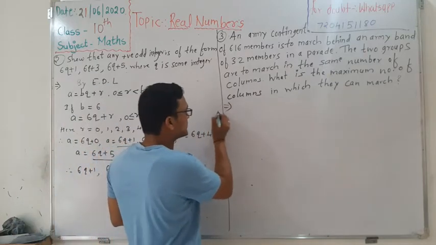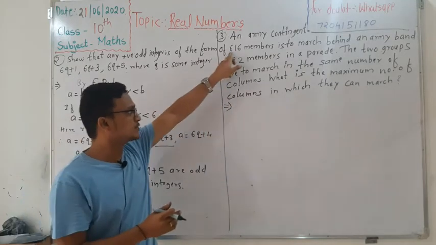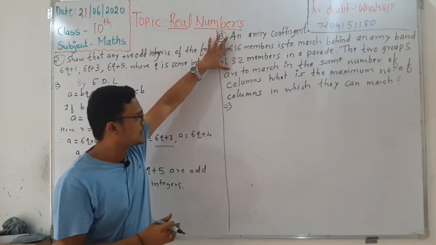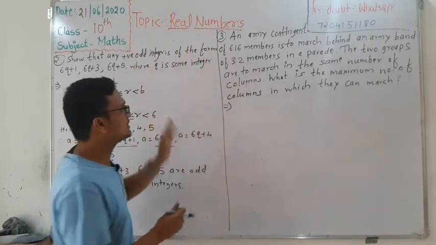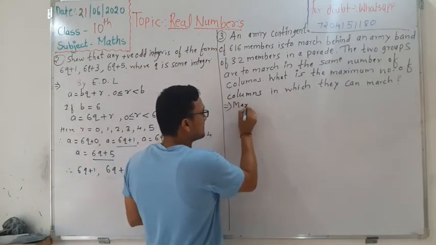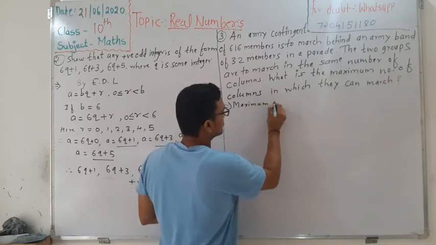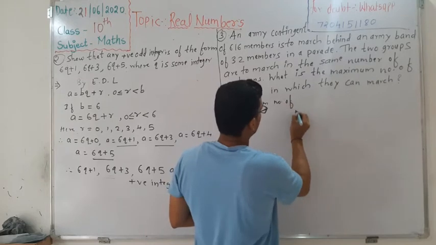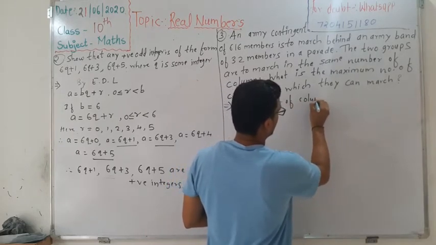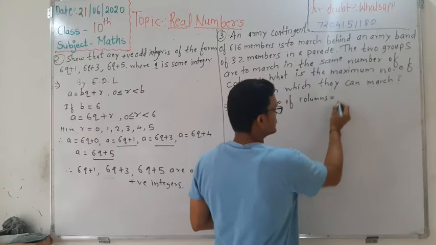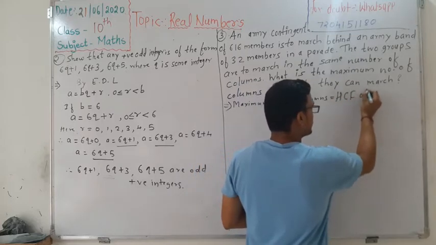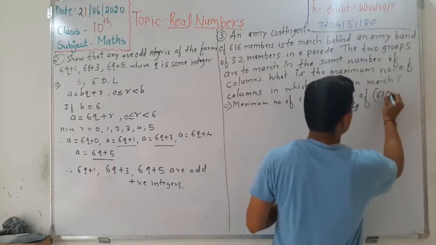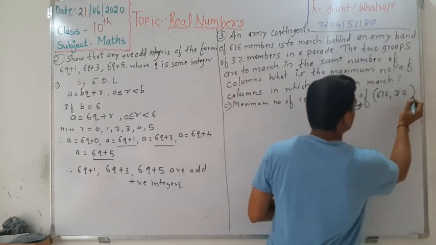Here we have the two groups, that is the 616 members group and the 32 members group. I will take these as two positive integers. So I will say maximum number of columns is equal to the HCF of those two groups, 616 and 32.